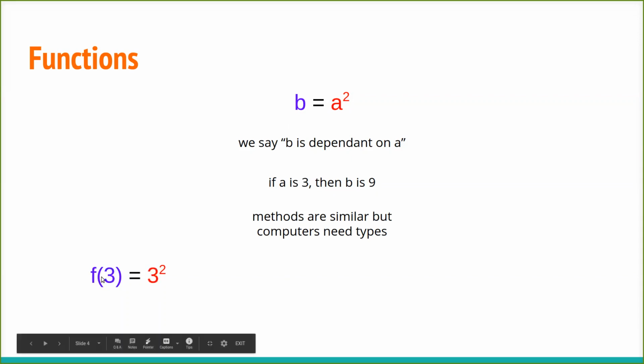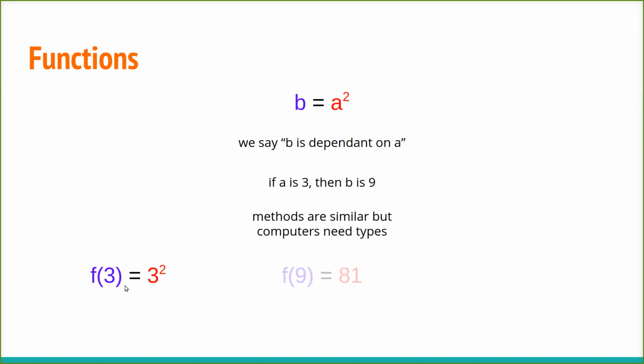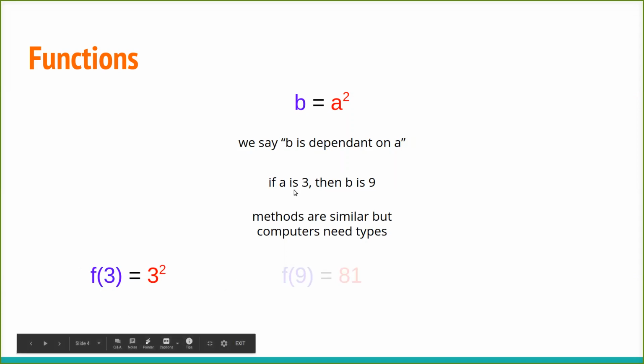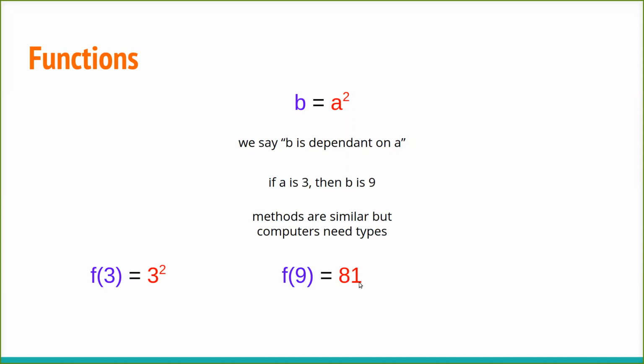For example, you could say f of 3 equals 3 squared; instead of b, you would just write f of 3. And the same, you could do f of 9 equals 81, because 9 times 9 is 81.